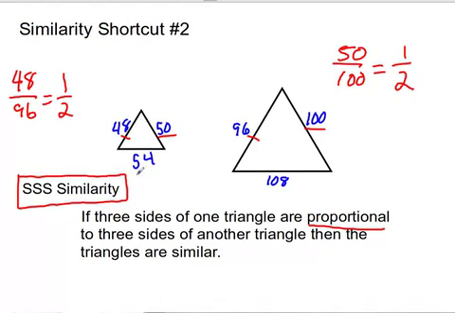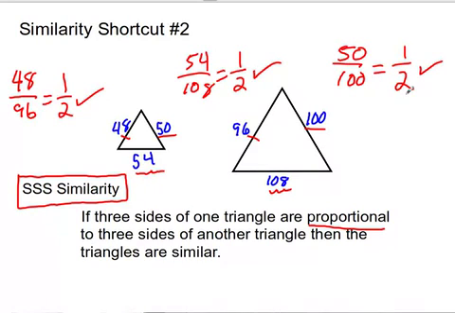And then this side here has a relationship with this side here, and 54 over 108, that ratio is half. So the big question is, are all 3 sides proportionally related to the other 3 sides in the other triangle? And the answer to that is yes, because every ratio is the same: half, half, and half. So if that situation exists in 2 triangles, then you can say that the triangles are similar because of SSS. That was shortcut number 2.